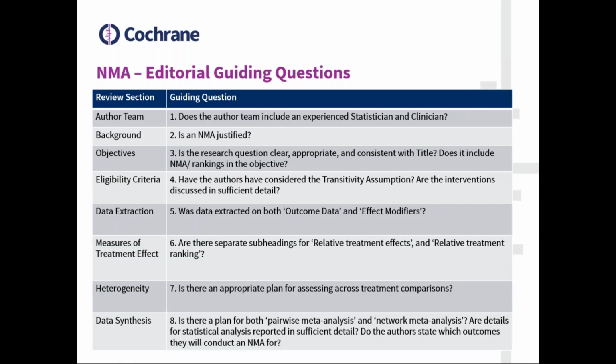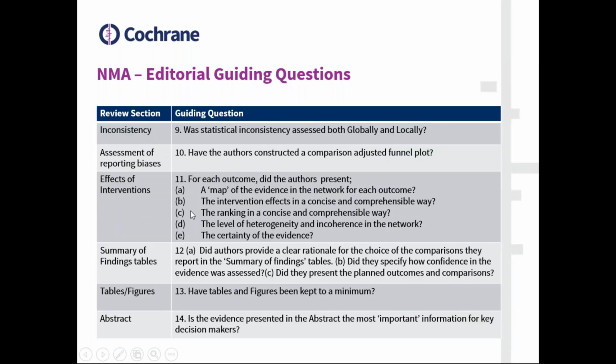So these are the guiding questions that we're going to go through one by one. It starts with the author team and the background and goes through the different sections of the review, asking particular questions.